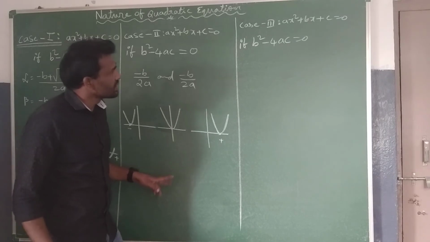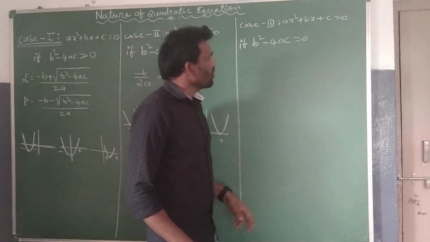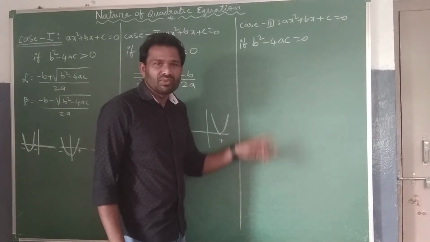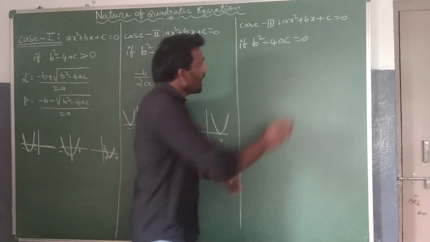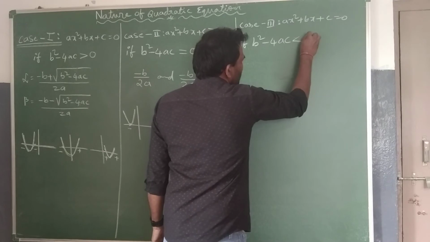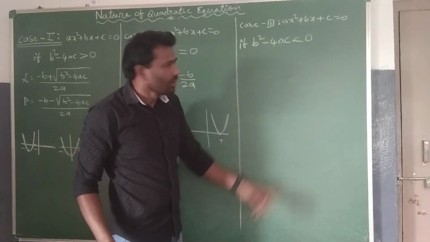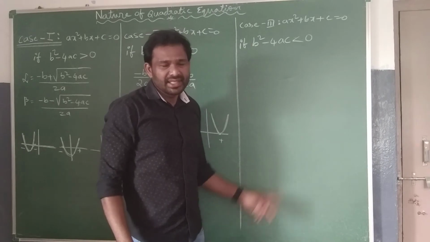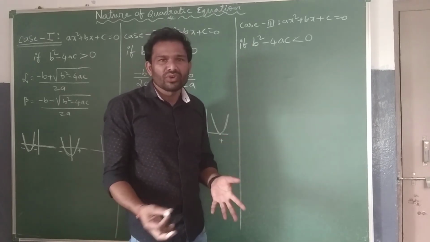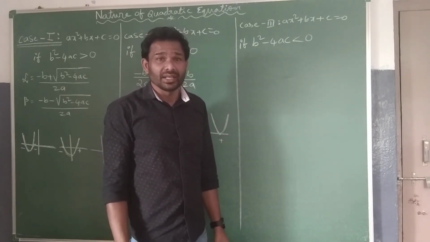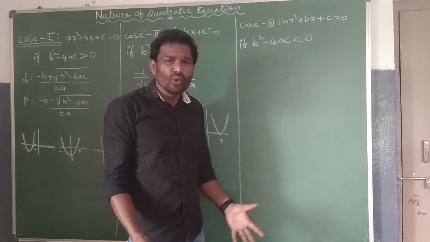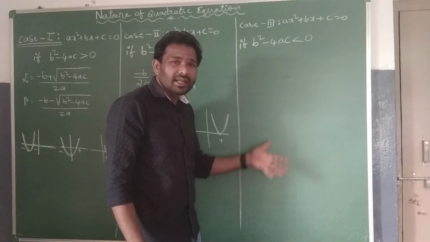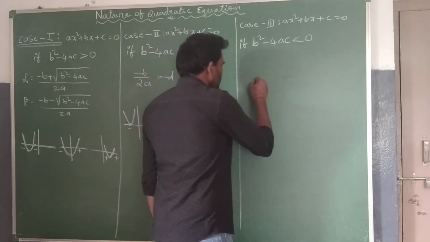And the third case, ax square plus bx plus c equal to 0, if b square minus 4ac is less than 0, in this case there exist no real roots. The roots are imaginary, so the graph will be like this.